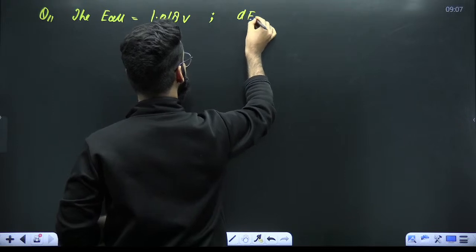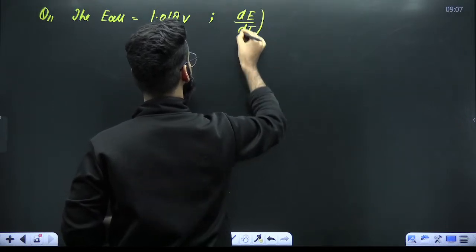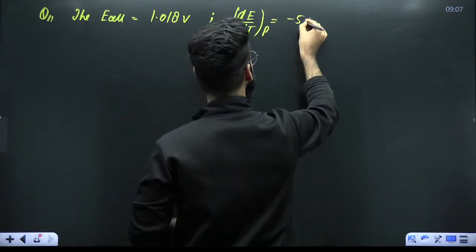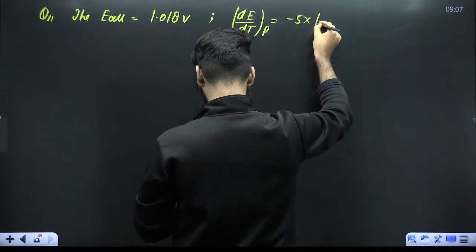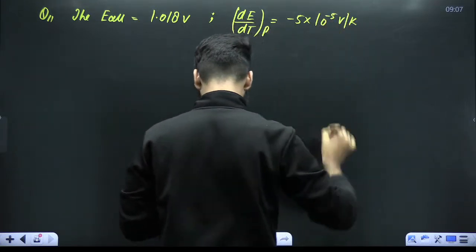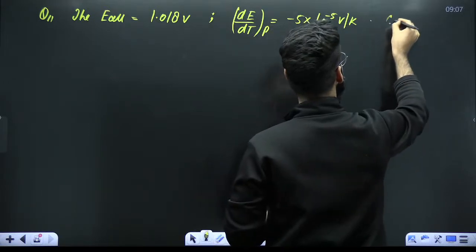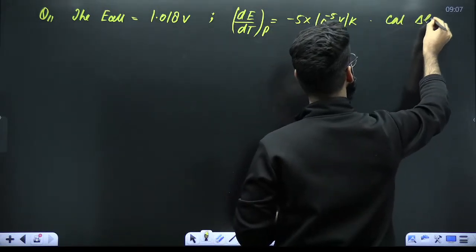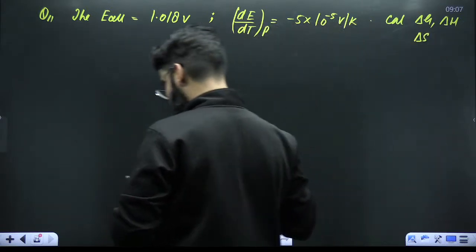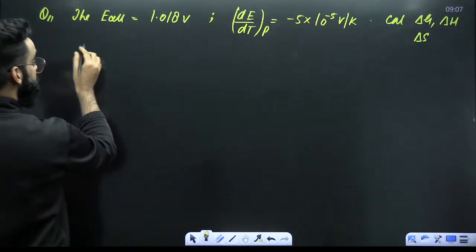Temperature coefficient of the cell, dE upon dT at constant pressure, is given to me as -5 multiplied by 10 raised to the power -5 volt per Kelvin. What are we supposed to calculate? Calculate delta G, delta H, and delta S for the reaction.